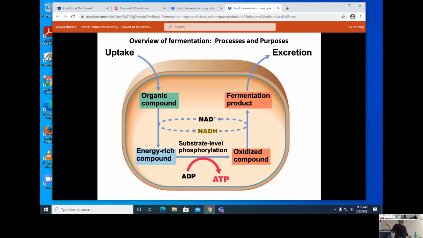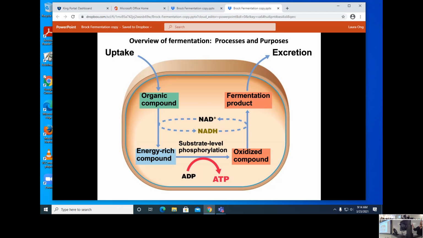Or when you make yogurt or cheese, microbes are fermenting lactose and producing acid as the fermentation product, and the acid makes the cheese solid, or it makes the yogurt thick. So humans have been taking advantage of fermentation for years, but a lot of times the product is some kind of acid or alcohol, and you usually get CO2 coming along with it. Those are the major products.